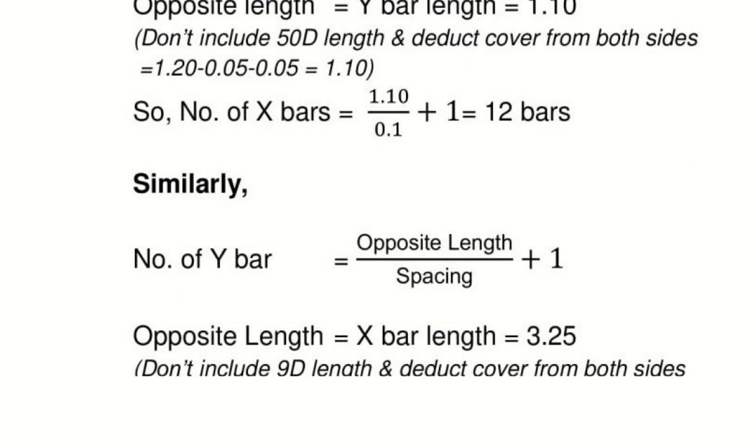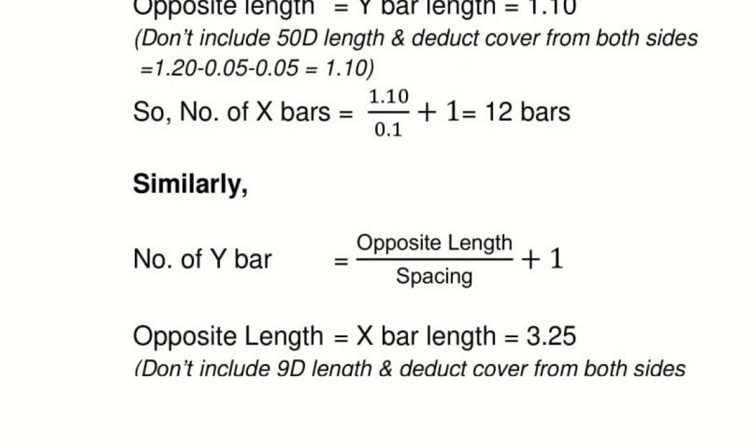How much is it? 3.25 plus 1, how much? 34. So 34 multiplied by the length of one bar, which was 2.